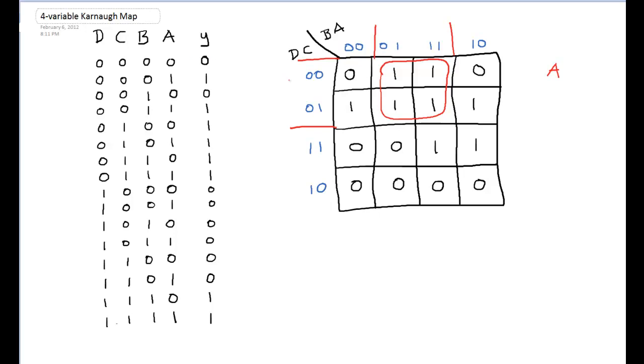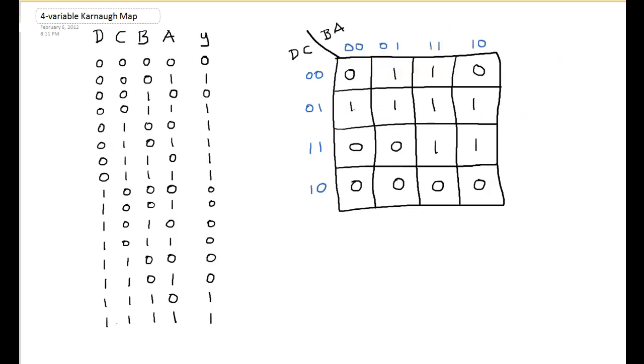Now if I look over to the left here, I see that the C term changes, so it's gone. The D term stays the same, so it stays, and it's a 0, so that's going to be D naught. So that means the term for this loop is going to be D naught A.